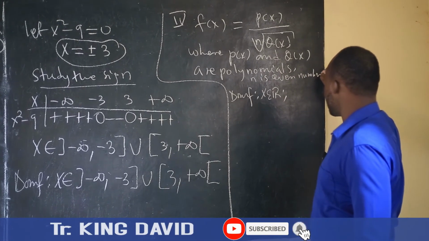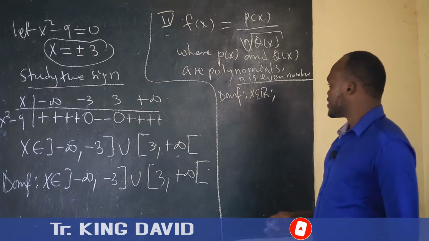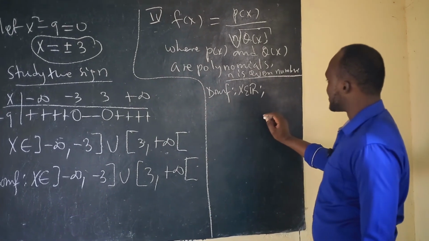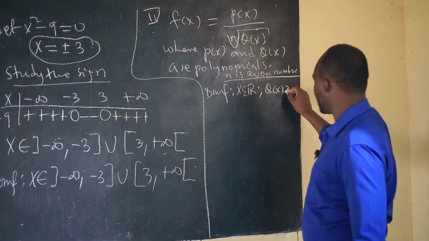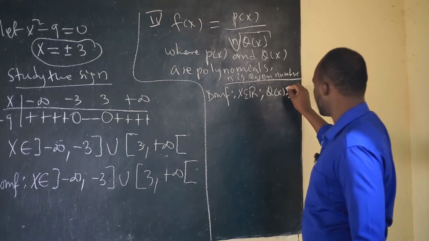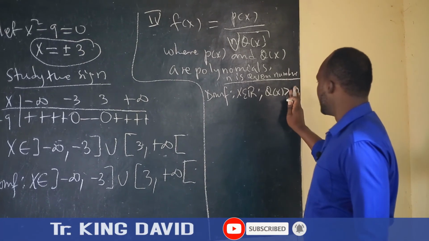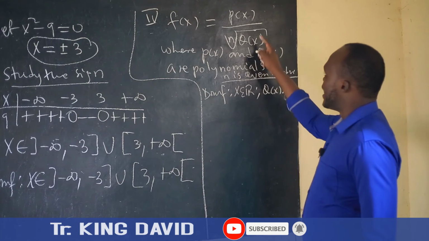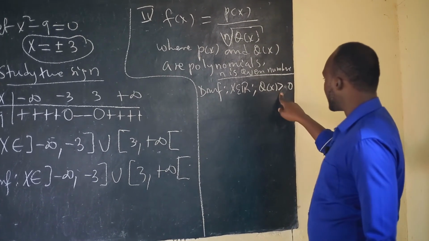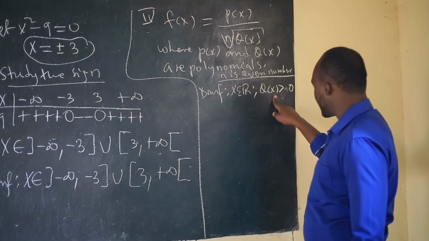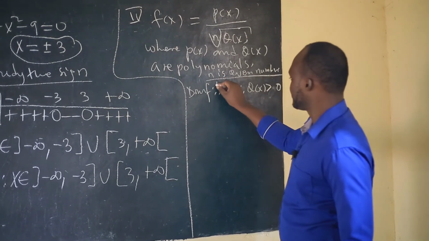When n is an even number, we say that the domain is x, a member of real numbers, such that q of x is greater than 0. Sorry, it is only greater, because if it becomes 0, a number divided by 0 is infinity. So q of x will be greater than 0.